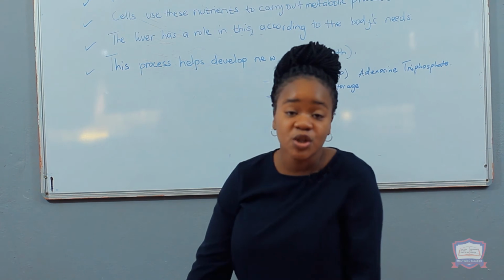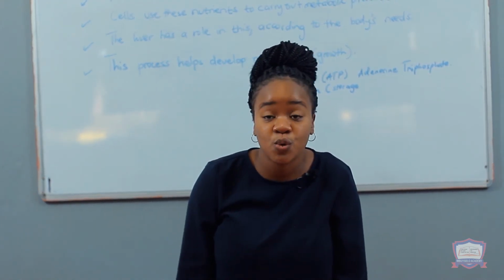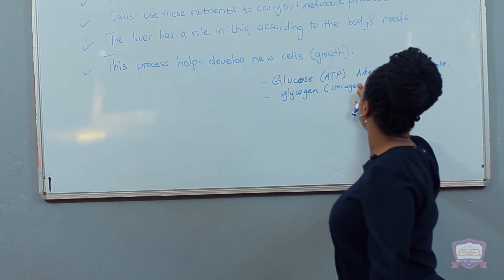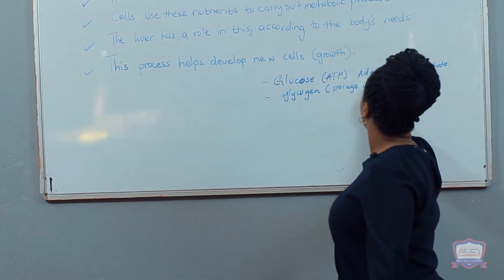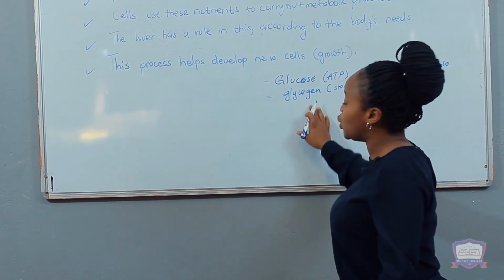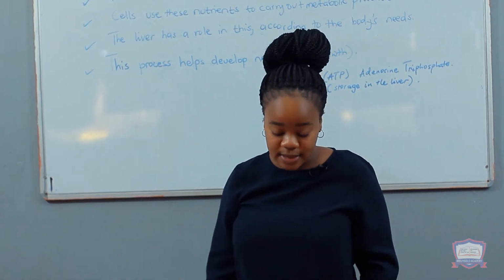It is to store excess nutrients in our body. So glycogen is storage in the liver, and it will be used when the body needs it.